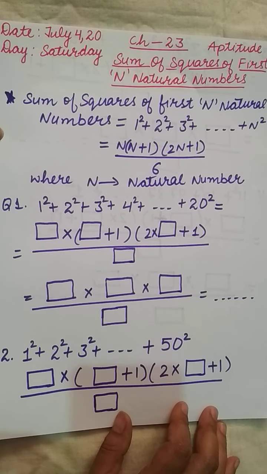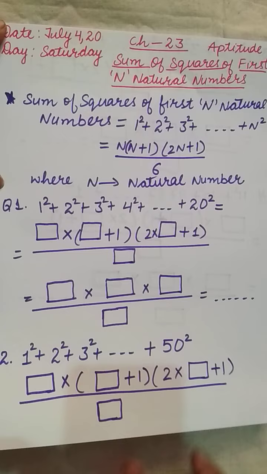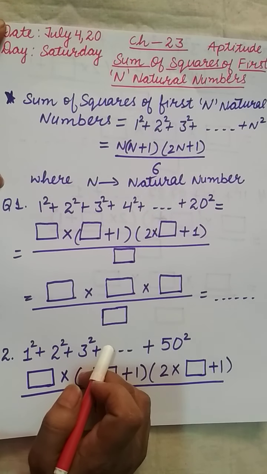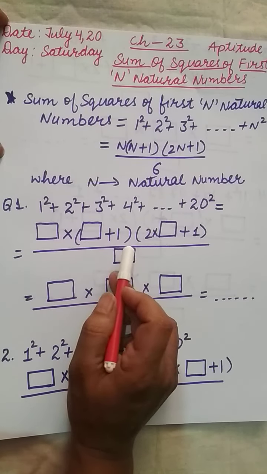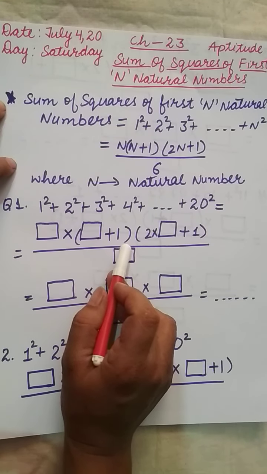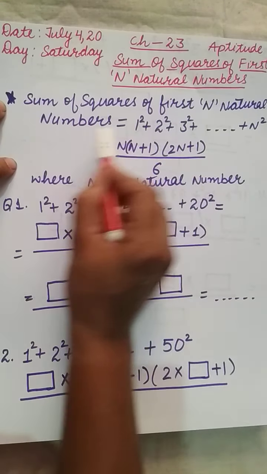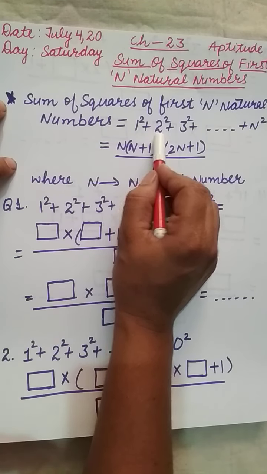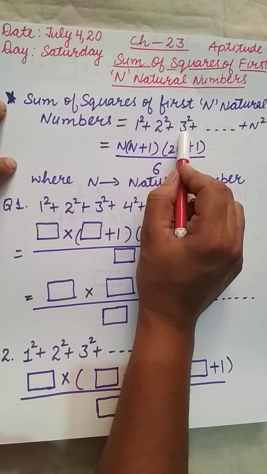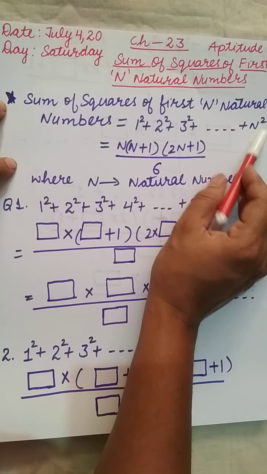Chapter number 23 is sum of squares of first n natural numbers. In this topic you will be given the sequence like this: sum of the squares of first n natural numbers, that is square of 1, square of 2, square of 3, plus square of n.